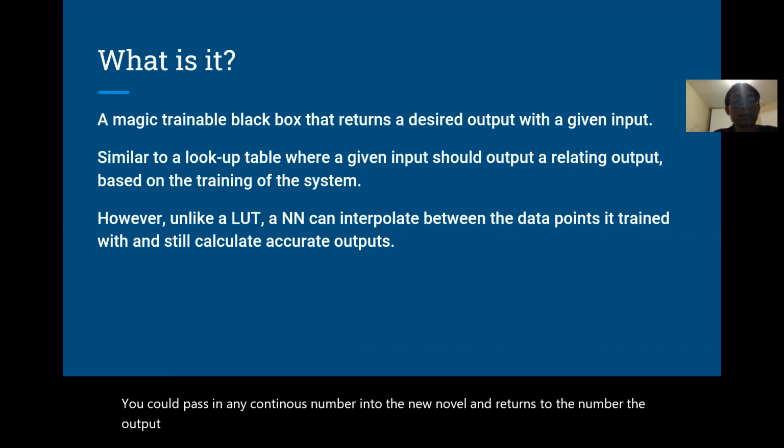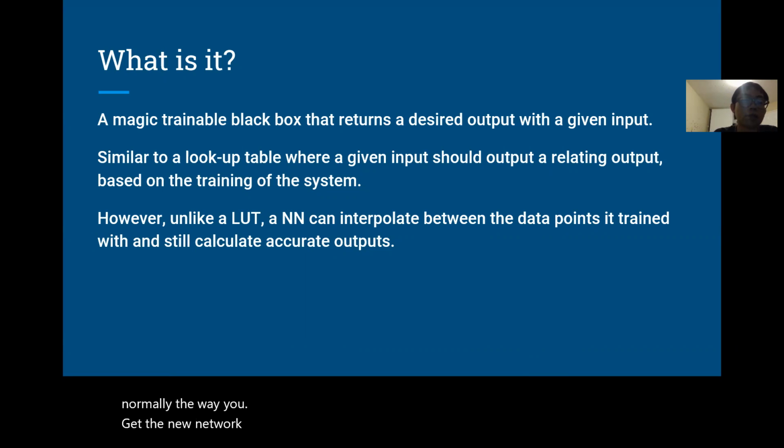And the neural network is kind of closed. It's kind of mysterious inside, because the way you get a neural network is to train it. You give it the input and the output and let it train by itself.